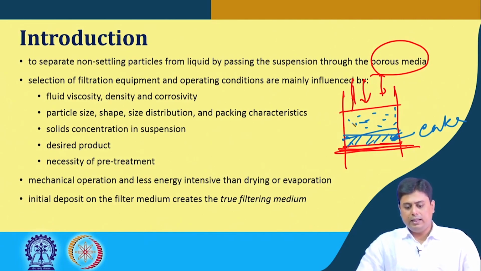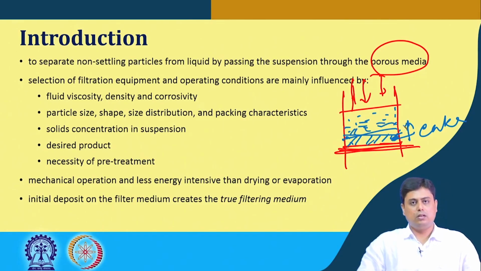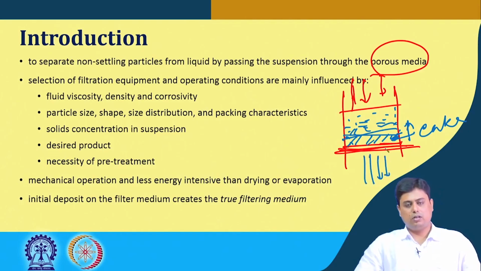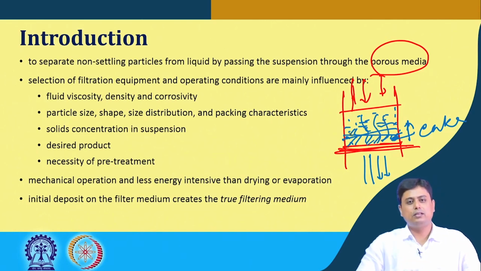Naturally, as we understand, with time this cake thickness increases. Which means if we run this operation at a constant pressure, the outlet flow rate will decrease with time, because the resistance inside the pores will increase as the height increases.